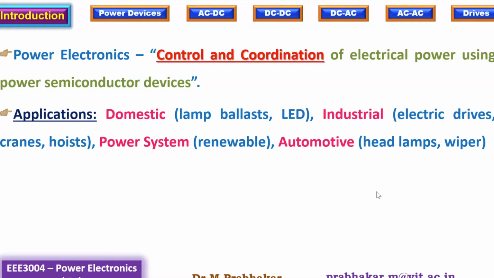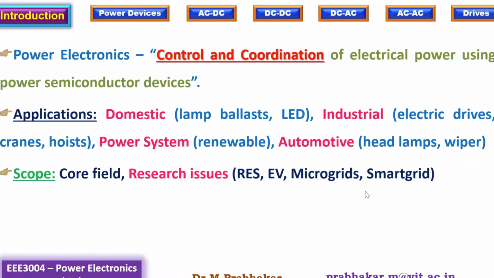These are a few applications. Before I start the demo, I will see if something else is there. So what is the scope? It is a core field wherein you have industrial applications, electric drives, and companies like Danfoss, or you can say L&T, and then GE.